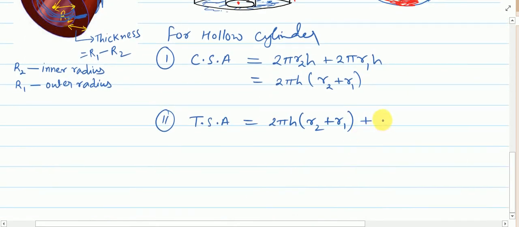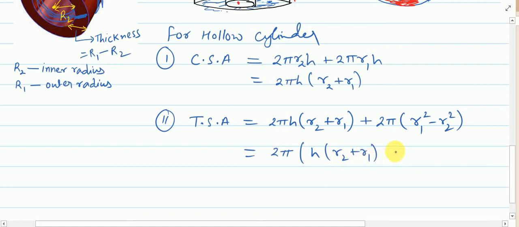So we'll get 2 pi r1 square minus r2 square. So again we can get something common, that is 2 pi common, so it comes out, we are left with h r2 plus r1, and here this r1 whole square minus r2 whole square can be written this way, r1 minus r2 times r1 plus r2.